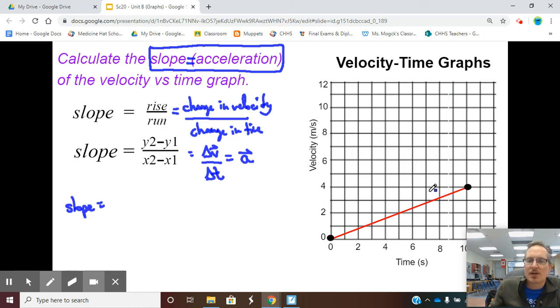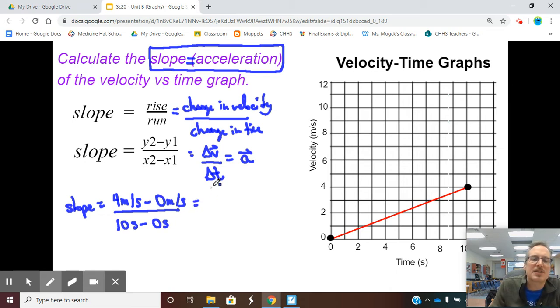So my rise is going from 0. So this is 4 meters per second minus 0 meters per second. My time is at 10 seconds, up from 0 seconds. So this is 10 seconds minus 0 seconds.